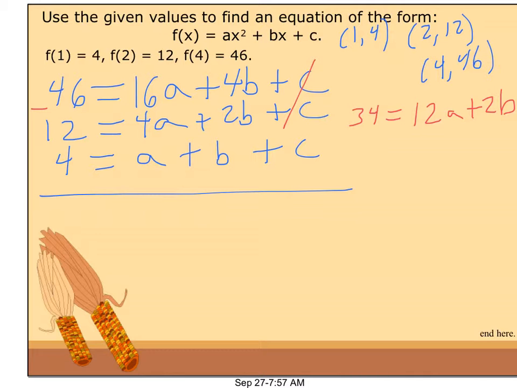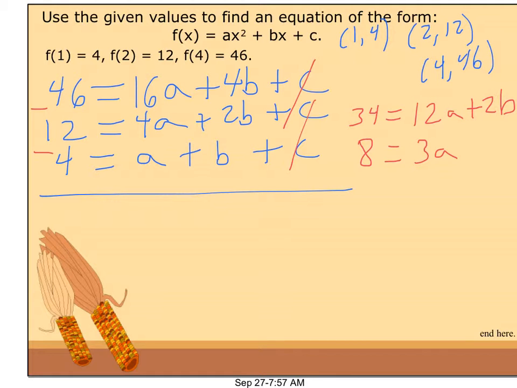But it's progress. I'm moving in the right direction, and it's really going to start looking good because I'm going to do this again with the bottom 2 equations. If I subtract, those c's are going to cancel again. And 12 minus 4 is 8. 4a minus a is 3a.